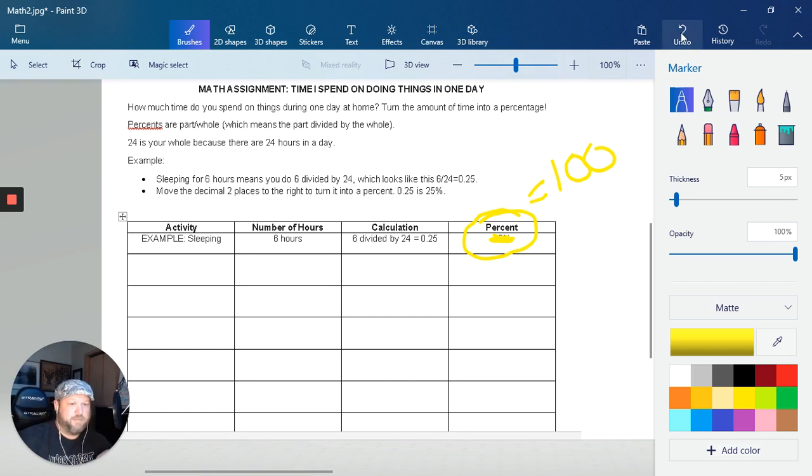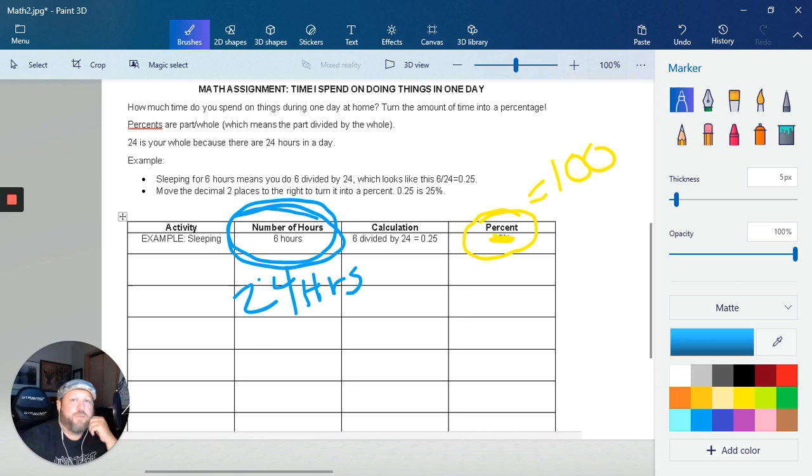Got it? Okay. Now, next thing we're going to look at is right here. Let's do this one. Number of hours. How many hours are in a day? 24. Okay. This has to be 24 hours.